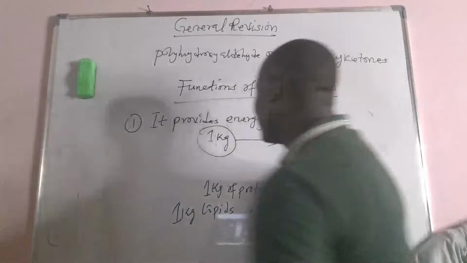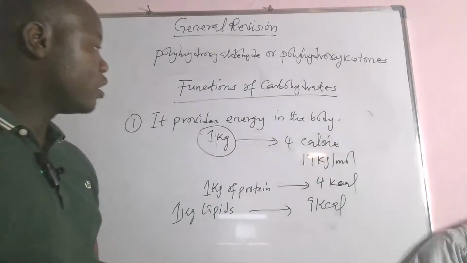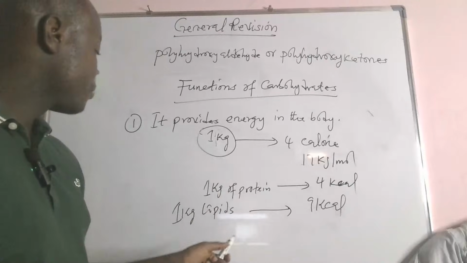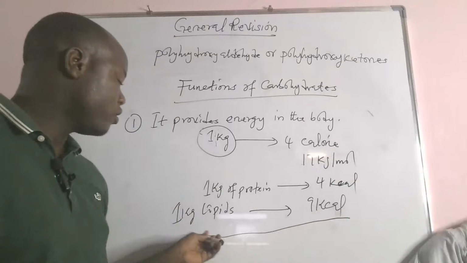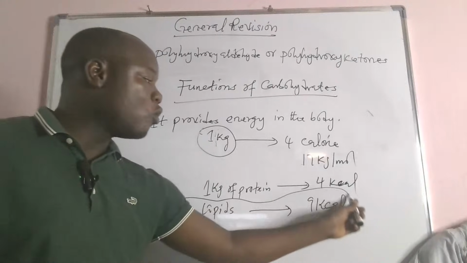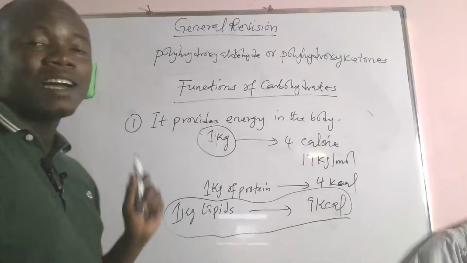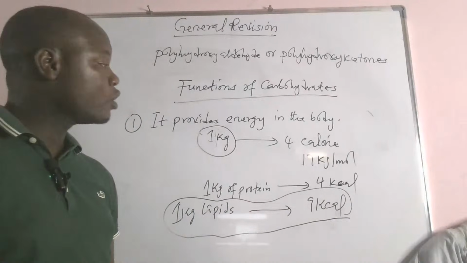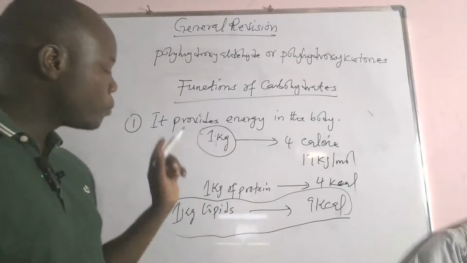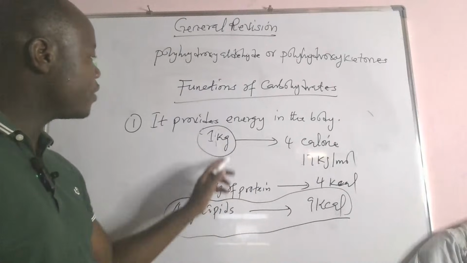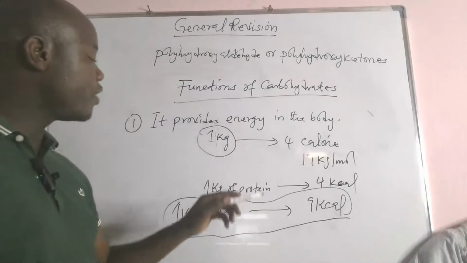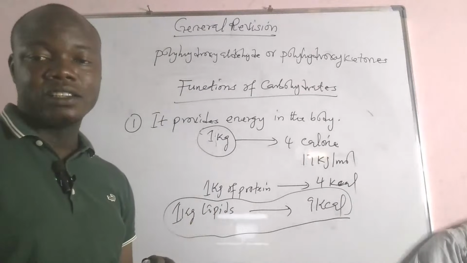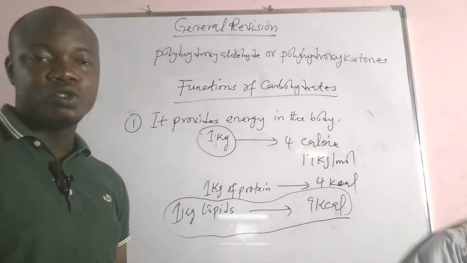So it means that carbohydrate produces even less energy than lipid. Lipid produces more energy than carbohydrate itself, but we are coming to that too. So apart from carbohydrates, proteins and lipids produce energy. That is what I want you to understand.